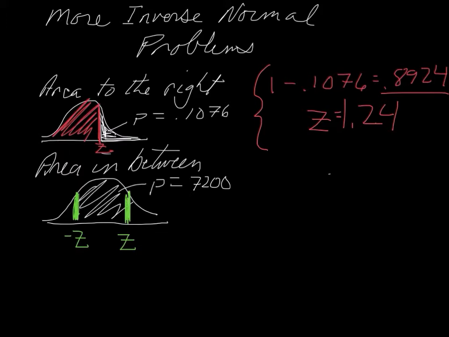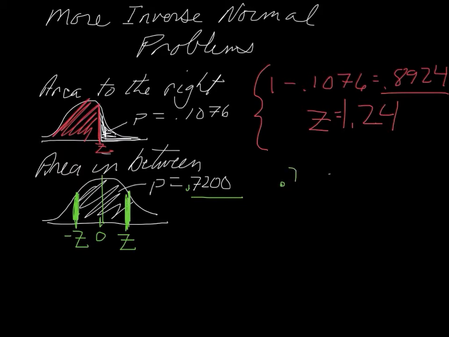And the reason why this is important is it tells us that these two z values on the number line here are equally spaced about the mean, which in our case, since we're in the standard normal, is 0. And since they're equally spaced, we can figure it out. That means we can divide whatever probability we were given in half.